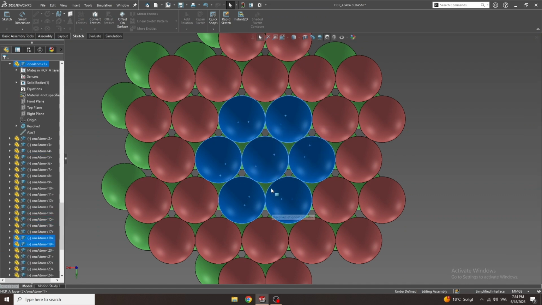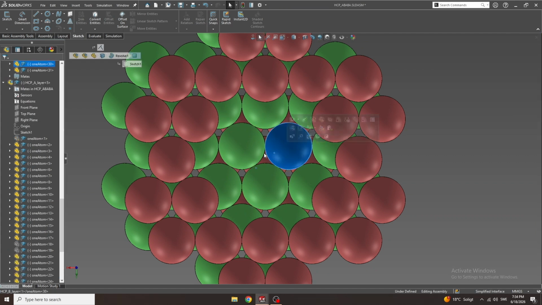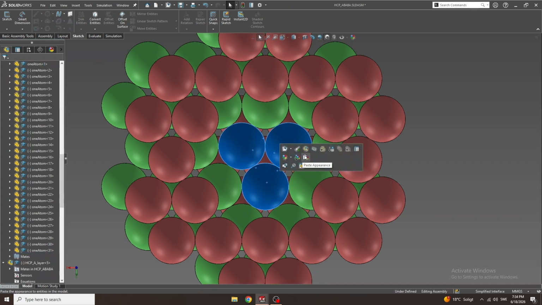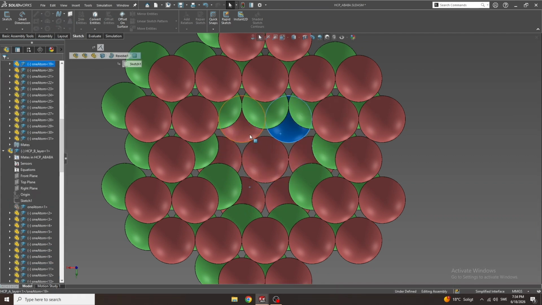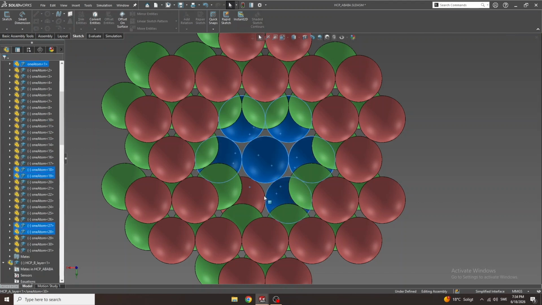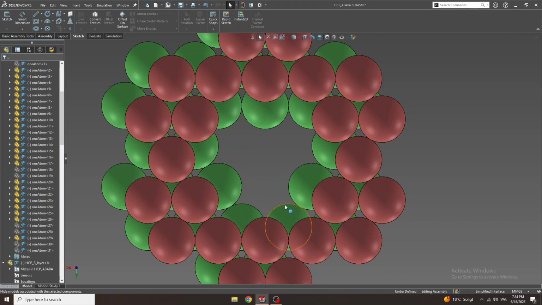And the A layers are arranged in the hexagonal close-packed pattern, and the B layer does not sit directly above, but instead in the smaller triangular gaps, and you see the A layer is directly above the A layer.